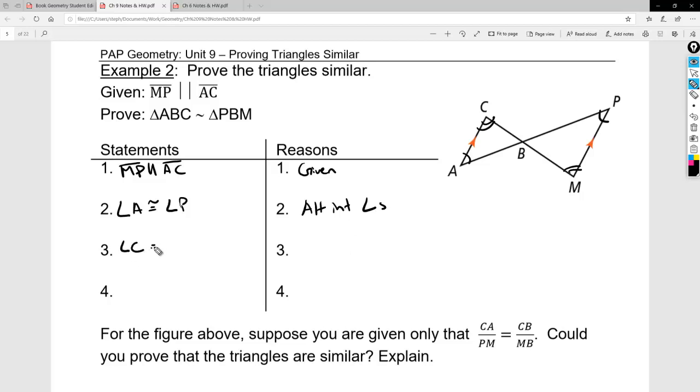Similarly, angle C is congruent to angle M by alternate interior angles. And again, you could say here that angle CBA is congruent to angle MBP. It doesn't really matter. You could use those vertical angles if you wanted to. But because I only need two, now I can conclude that triangle ABC is similar to triangle PMB by angle.